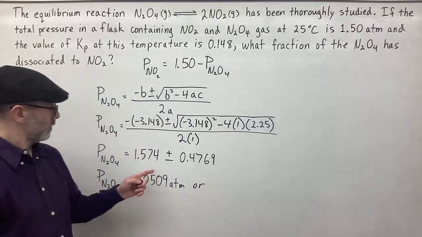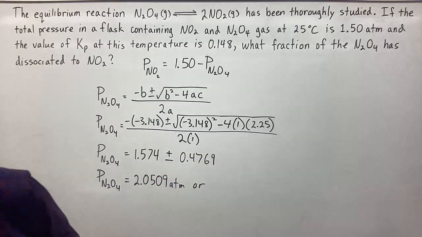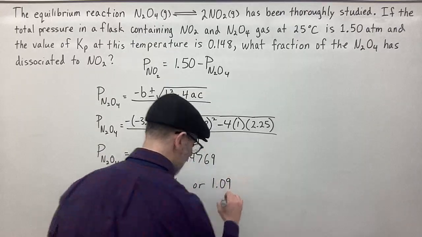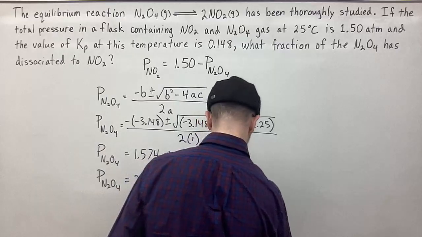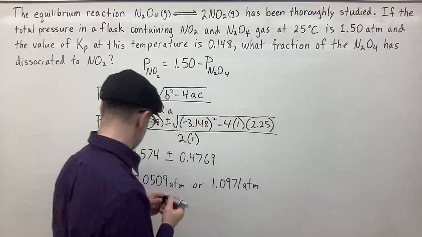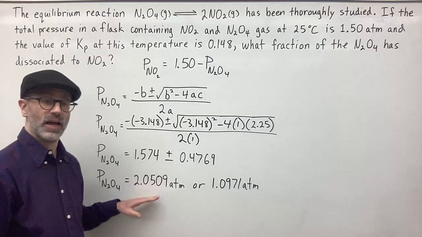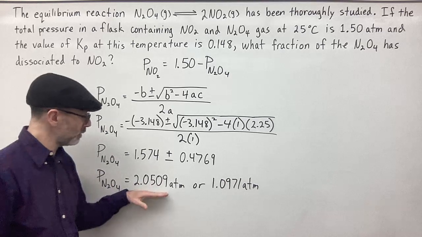So that's when I add it. If I subtract, then I get 1.0971 atmospheres. So my partial pressure of N2O4 at equilibrium is either going to be this or this.